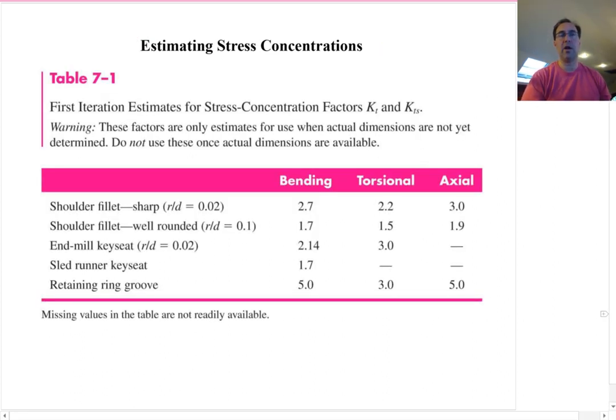So if you're just going to eyeball something during the initial design, you can estimate the stress concentrations using table 7.1. Don't use these for the final actual part. That's important. Once you actually have the part almost fully designed or fully designed, then you have to go back and calculate in detail the stress concentration factors. Okay?